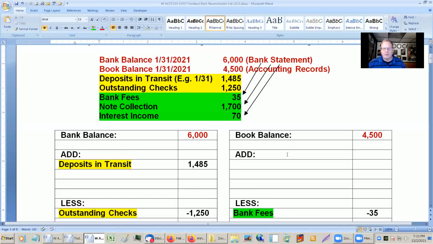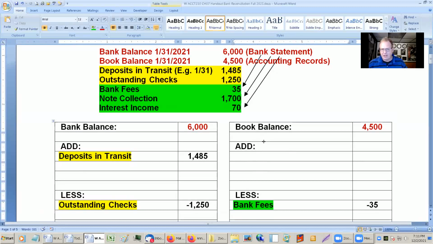So you won't know about them until the bank statement. Oh, wait a minute! I didn't do something here. Note the collection of the note. So we found out about it on the bank statement. So it's going to be our books. Are we going to add it or subtract it? Add.